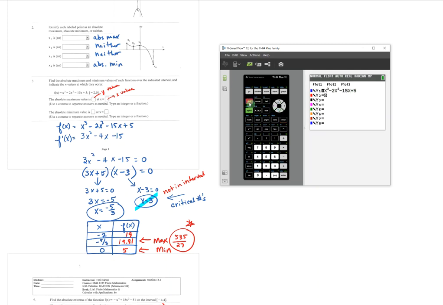Now, if I go to second and the window key, there's the way I want my table set up. So if you want to use this, you need to make sure that Ask is dark here on the independent row and Auto is dark here. Not really important for this stuff. And so then second, quit out of that. Just do that one time. Now we'll go to second, table.